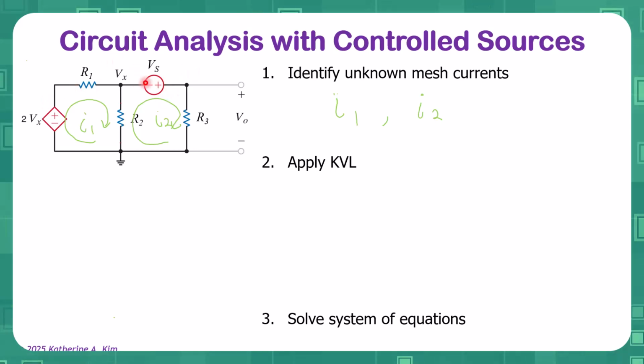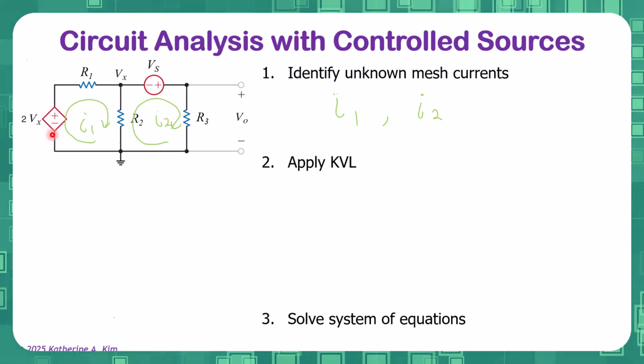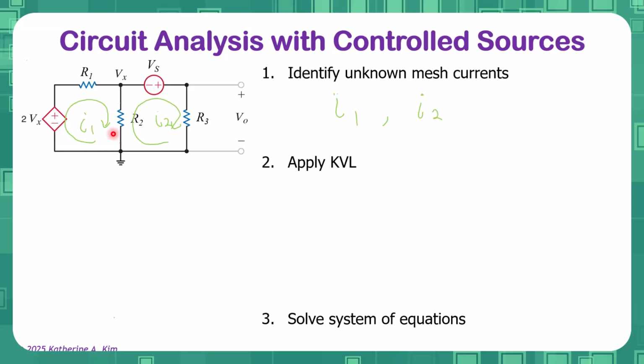You can still suppress, so this one definitely becomes a short circuit, and this one is a voltage source. It's based on another voltage in the circuit, but it will be a voltage source at its core. So if we suppress this, this will become 0, and then the current would be able to flow through it. So we're going to have two meshes here. So I1 and I2 are the same.